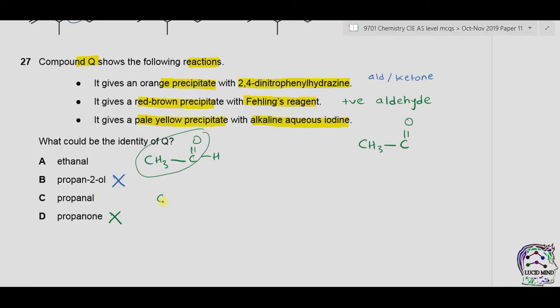In propanal there are 3 carbon atoms in total, and we have an ethyl functional group which does not give a positive result with alkaline aqueous iodine. So A could be the correct option. The answer is A.